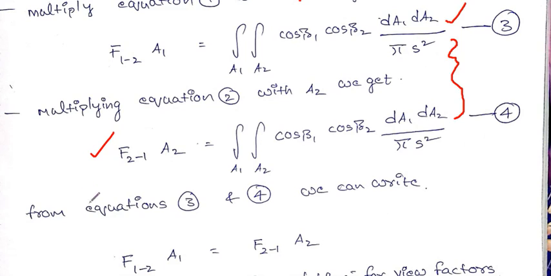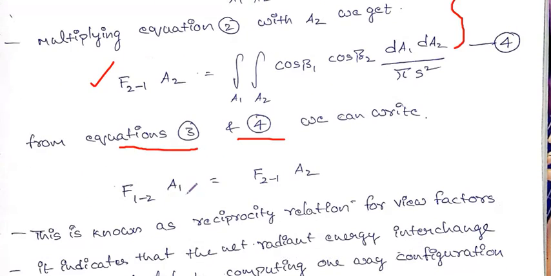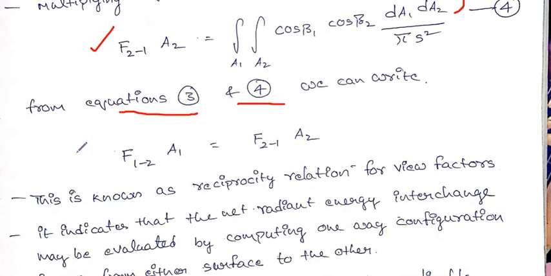Then we can write F1 to 2 into A1 equal to F2 to 1 A2. This relation is called the reciprocity relation or reciprocity theorem for view factors.